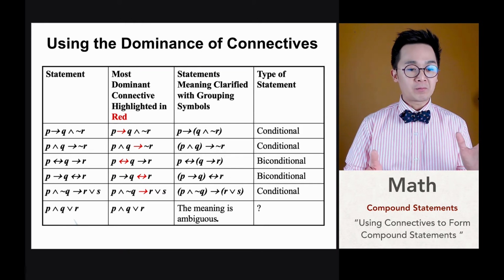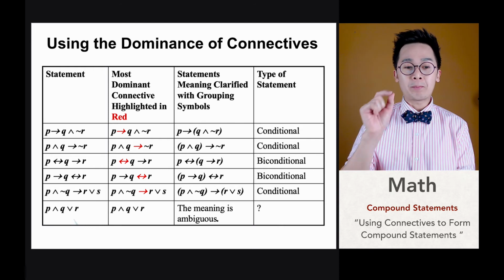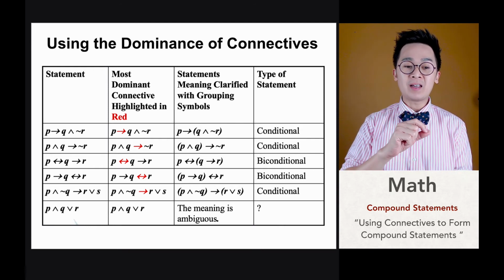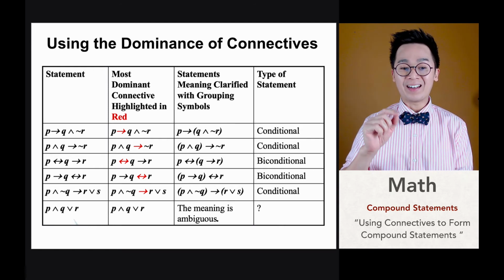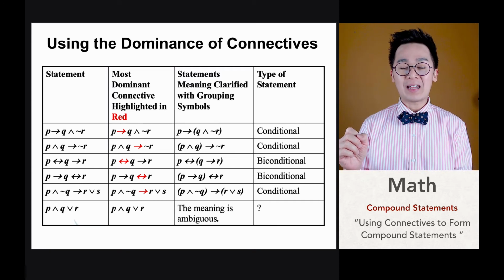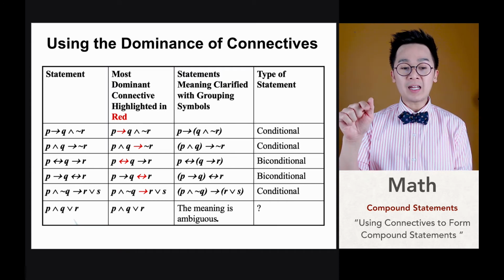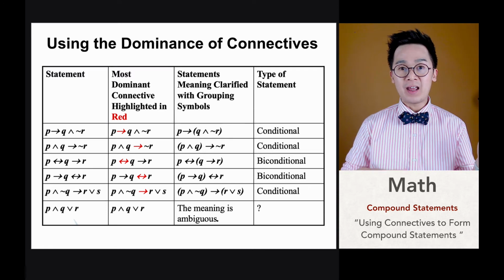So take a look at example number 1. We have P, or if P, then Q and not R. So notice that our conditional statement will have the antecedent and the consequent.